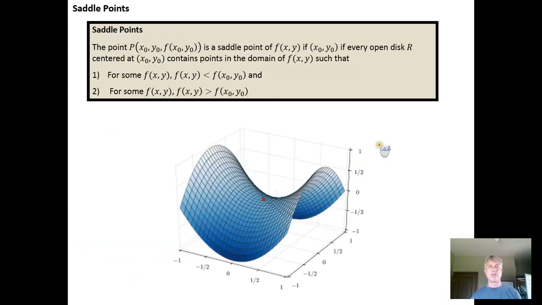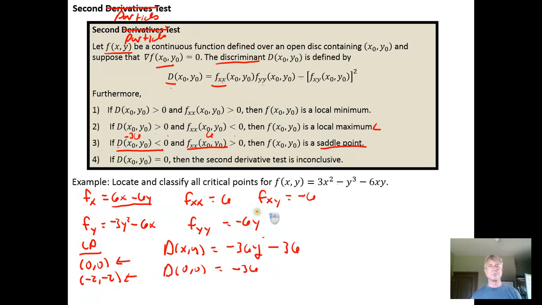So we've got a saddle point like we had here in this picture. So that tells me that (0, 0) corresponds to a saddle point, so it's neither a local minimum nor a local maximum. Now we can run the discriminant test, or the second partials test, on the point (-2, -2).